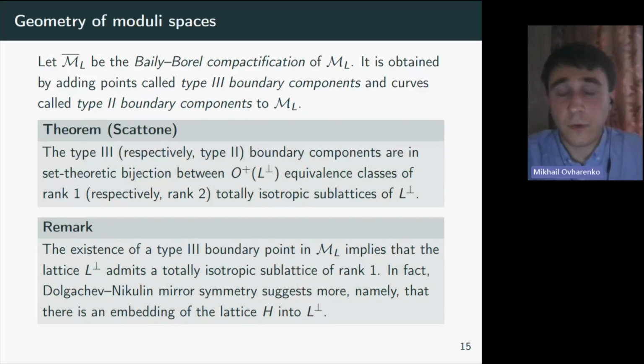But from the point of view of Dolgachev-Nikulin mirror symmetry, there are more. There is an embedding of the whole standard hyperbolic plane into the orthogonal complement.